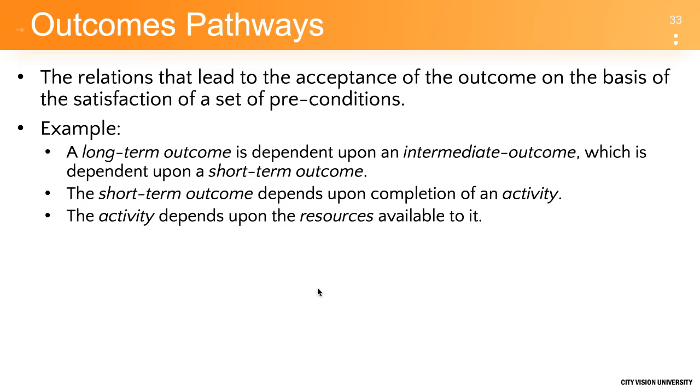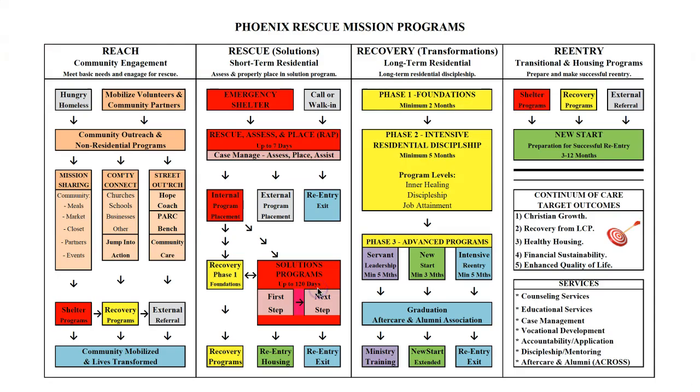Here's an example of what all these preconditions are going to look like, from the Phoenix Rescue Mission. You'll note there are different elements here, moving vertically. So, reach community engagement. This organization wants to meet basic needs and engage for rescue. So this is all about getting someone to the point where they can get to rescue.